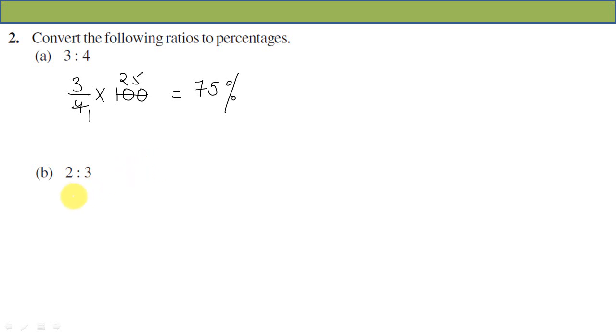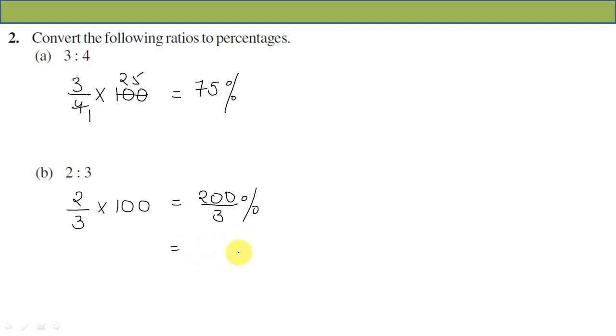Now let's see the B part, where you need to convert 2:3 into percentage. So 2:3 can be written as 2 by 3 in fraction, and we will multiply it with 100. Now we know that 3 and 100 will not get cancelled. So we will multiply 2 with 100. It will be 200 by 3 percentage. And it is your choice whether you want to leave the answer in the decimal form or in the fraction.